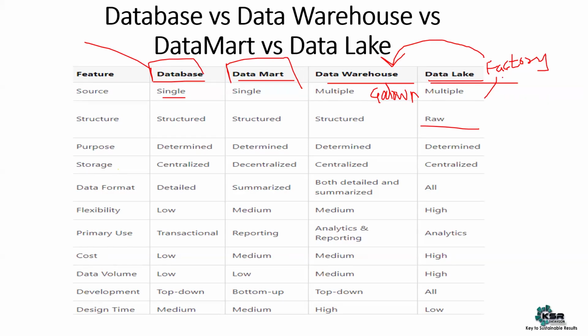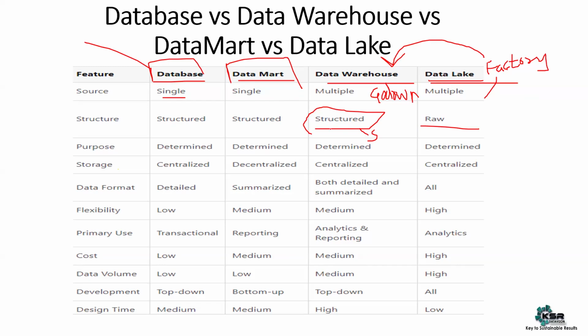Now, whenever all the raw materials combine together to form a finished product, that finished product is stored somewhere. Data warehouse is always structured information. Sometimes it is called semi-structured, but most of the time this is structured information.